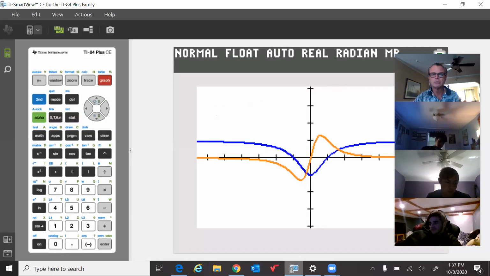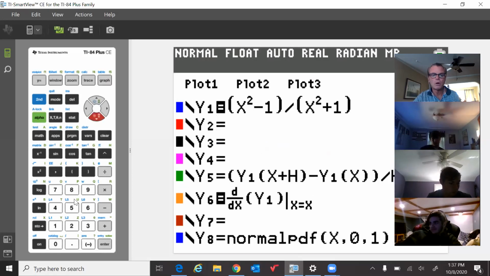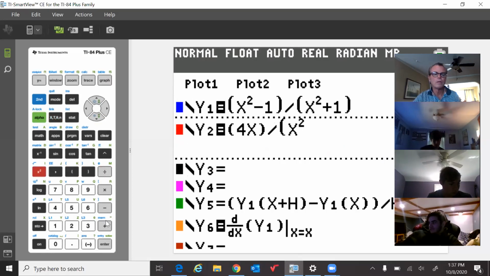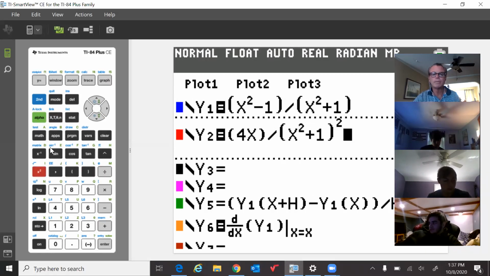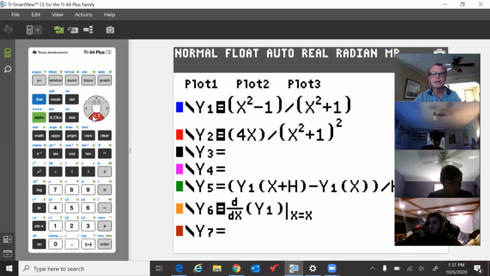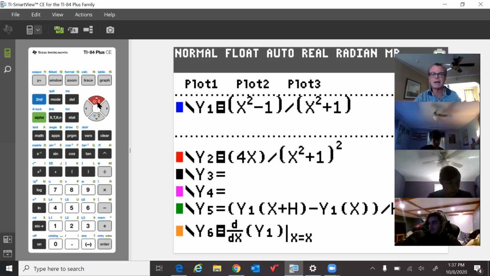So we go back here. 4x, now you don't need the parentheses, but it doesn't hurt to have it in the numerator. Divided by x squared plus 1 quantity squared. What we care about is if y2 and y6 give us the same t-chart.